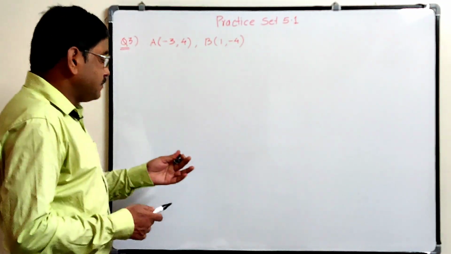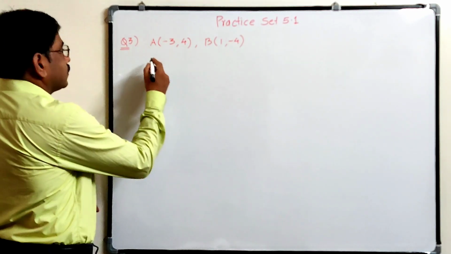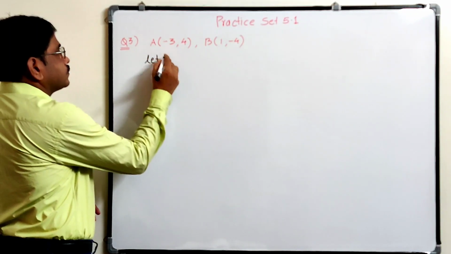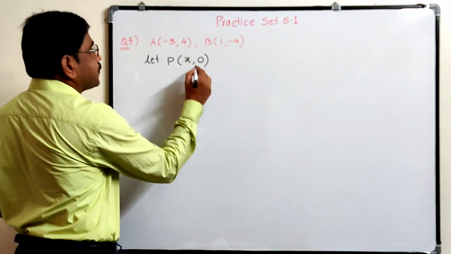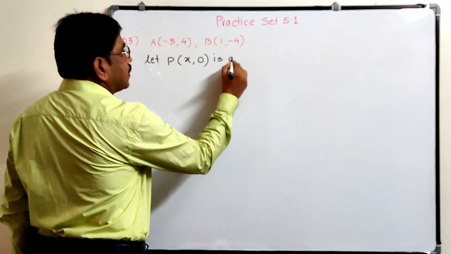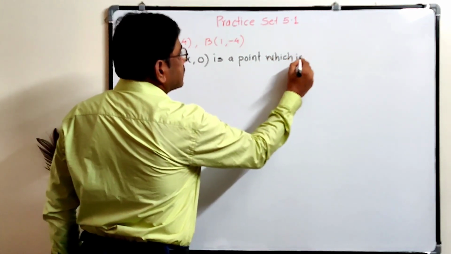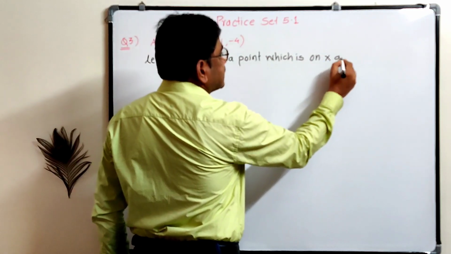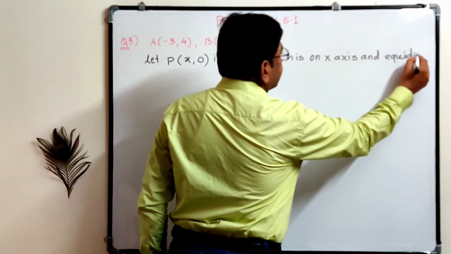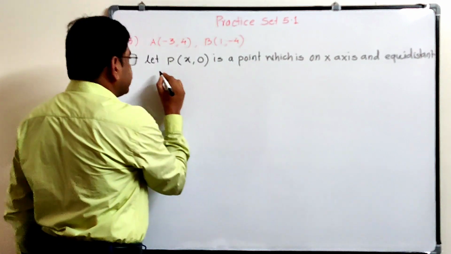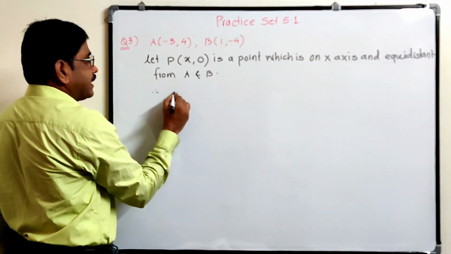Means if we consider that point P, let P(x, 0) is a point which is on x-axis and equidistant from A and B. That means, therefore, what we can write?